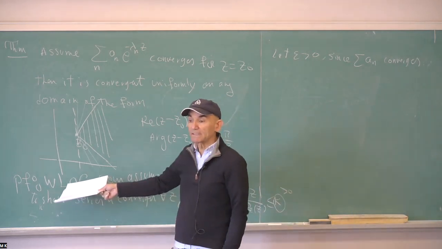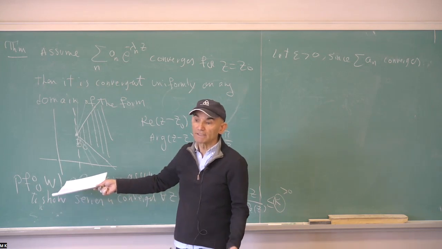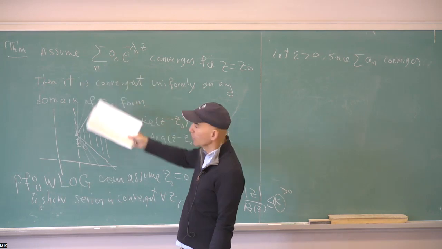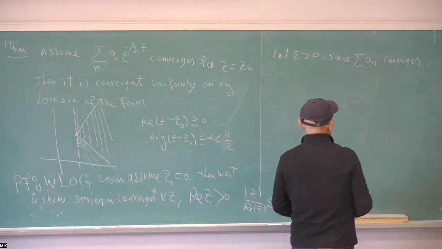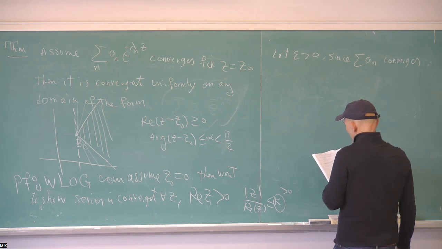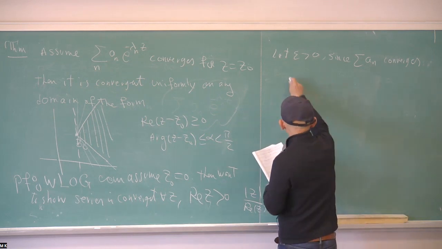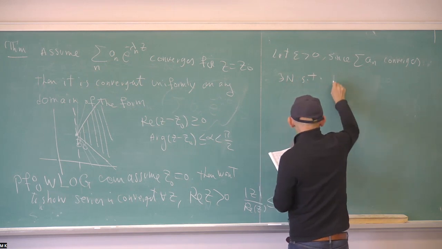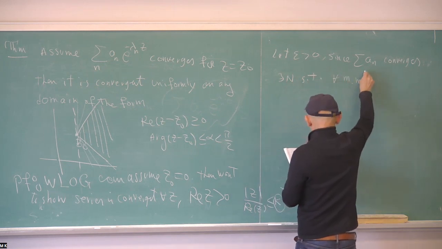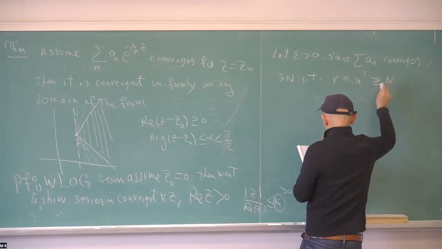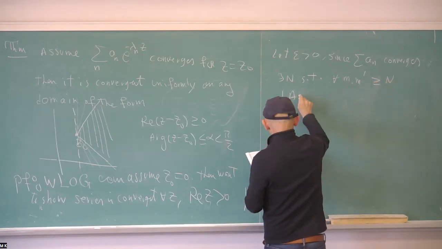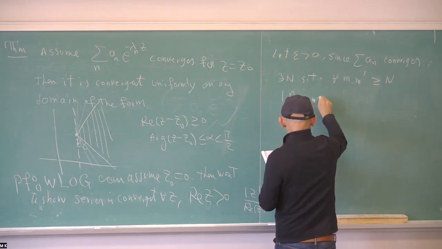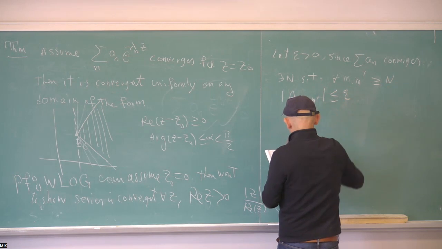I'm assuming z0 is 0, so it's convergent at z0, meaning it's convergent at 0. If you put 0, you get that the sum of a_n is convergent. So since the sequence converges, there exists N such that for all m and n prime bigger than or equal to N, the absolute value of the sum from m to n prime of a_n is less than or equal to epsilon.